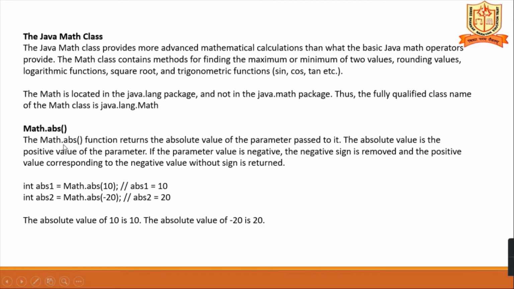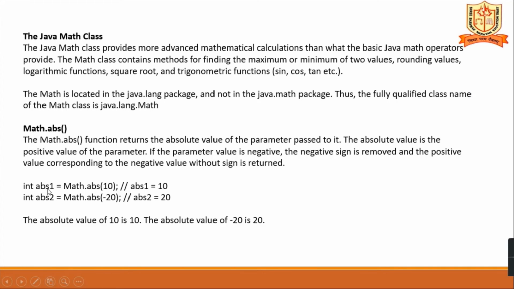We'll see that. The Math.abs function returns the absolute value of the parameter passed to it. The absolute value is the positive value of the parameter. If the parameter value is negative, the negative sign is removed and the positive value corresponding to the negative value, without the sign, is returned.